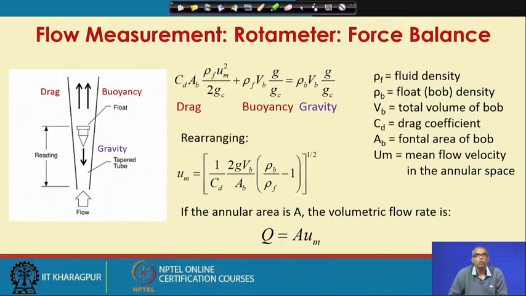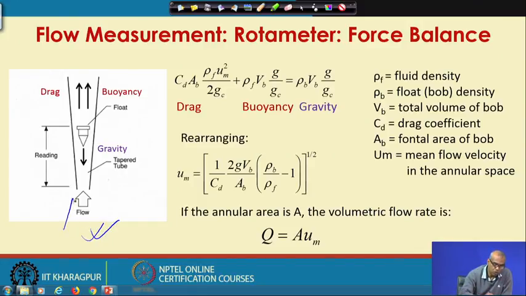Now, let us look at the force balance equations of the rotameter. So, look at the schematic of the rotameter. Three forces are acting on the float of the rotameter. So, the float goes in this direction and the flow comes out from here.